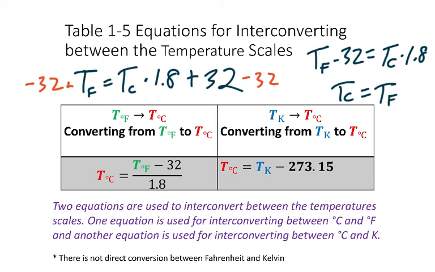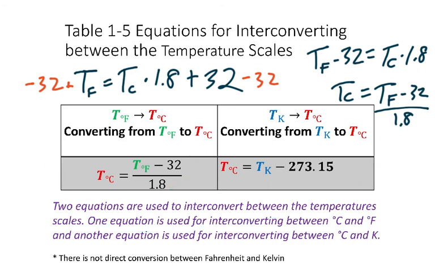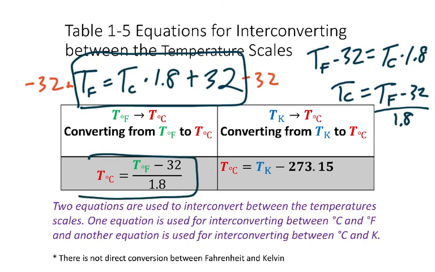So T_C is (T_F minus 32) over 1.8, which is what we see here. So we have a conversion from Celsius to Fahrenheit right here, and a conversion from Fahrenheit to Celsius.